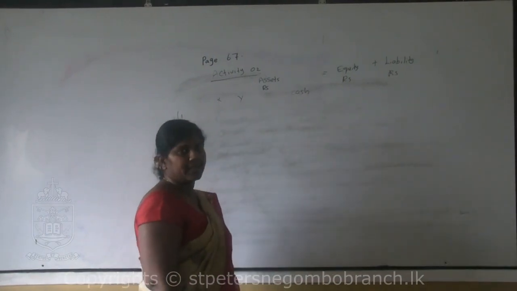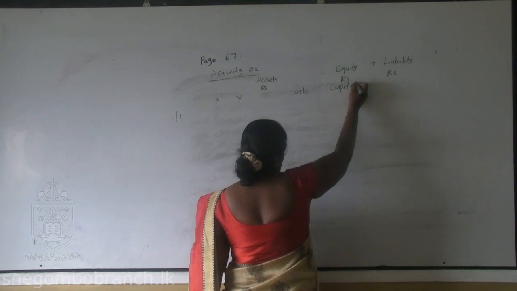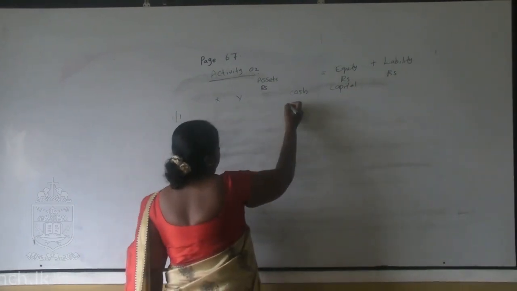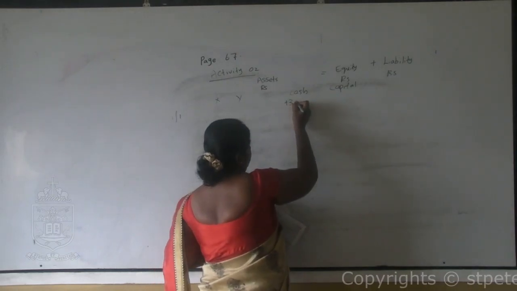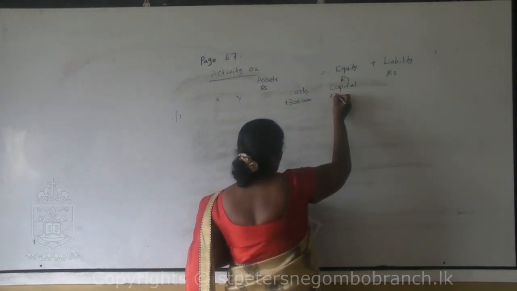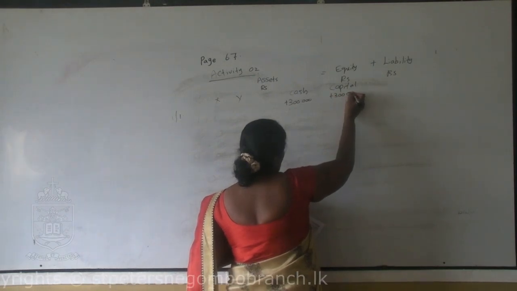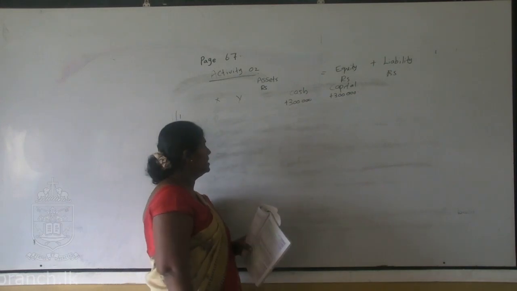We call it capital. So capital increases. First transaction, cash increase 300,000. Capital increase 300,000. Investing capital to the business.